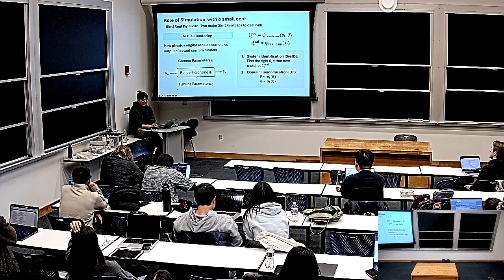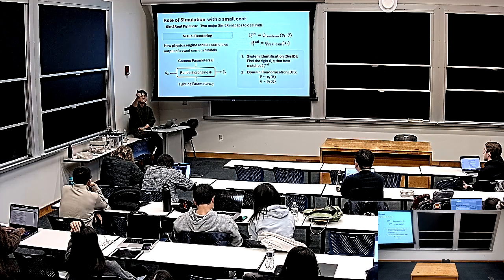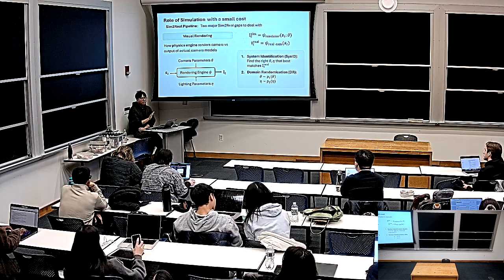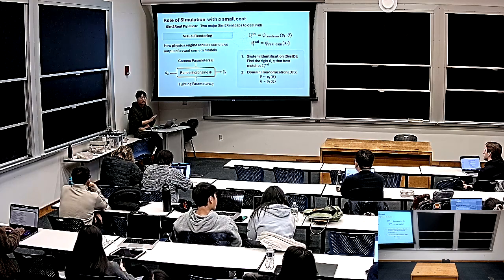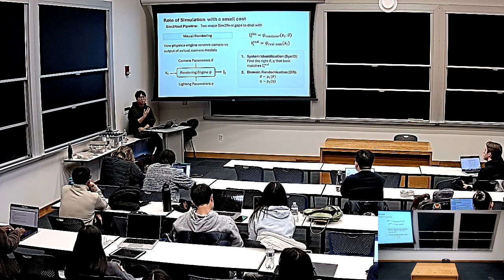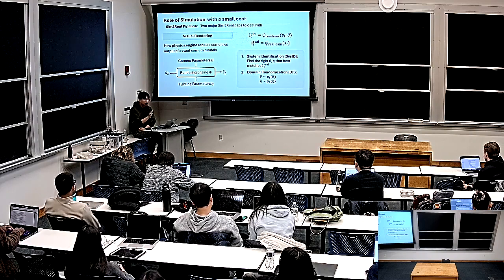But regarding the lighting, we really cannot find the right parameters to resemble this many lights in this classroom. So for lighting, we almost mostly rely on randomizing a bunch of different lighting conditions and hope the policy acts robustly in all of those different lighting conditions.